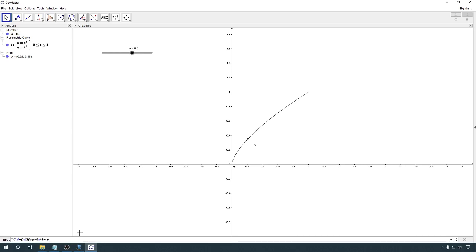If you want to work it out directly, go ahead. Why don't you like that? I'm giving you the point A. Oh, because I didn't put vector.